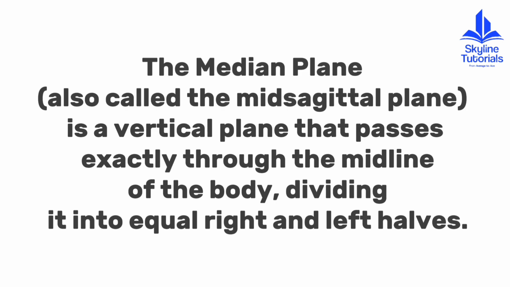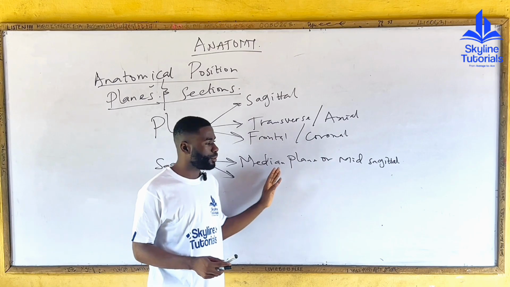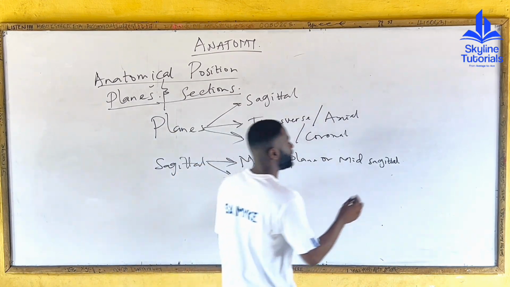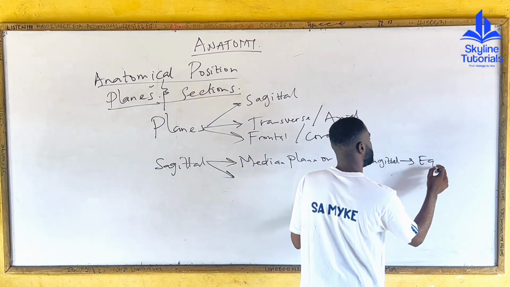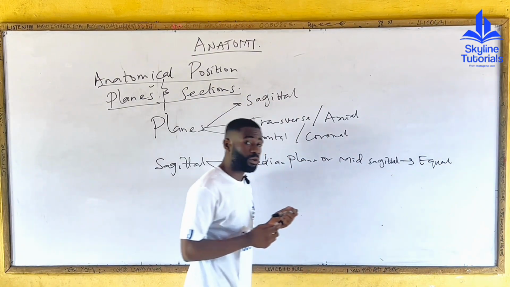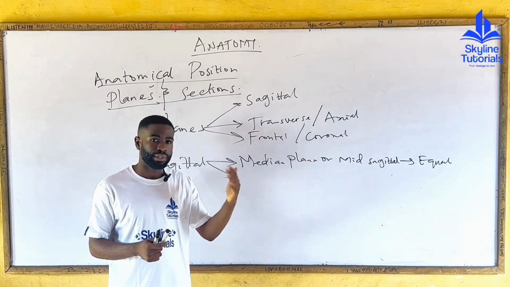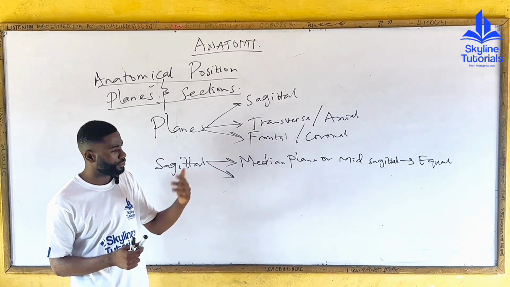The underlying keyword here is equal. In the division of the body into left and right, there must be equality in the left and right parts.